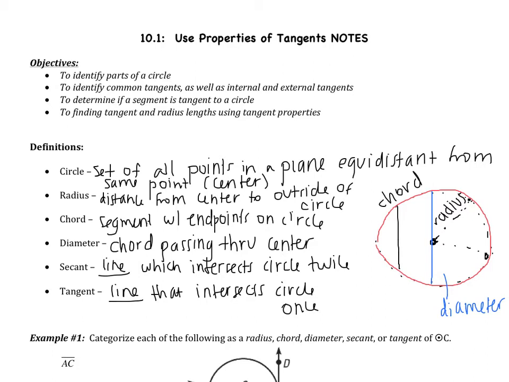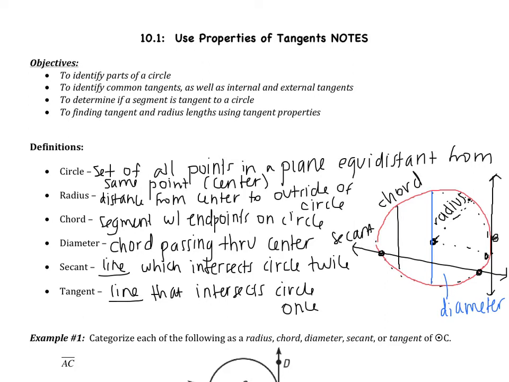Okay, so in the circle we have, this would be a secant. Okay, so it's a line. It intersects in 2 points, once here, once here. And then a tangent would be a line that intersects the circle once. So it's going to like hug the side of the circle.